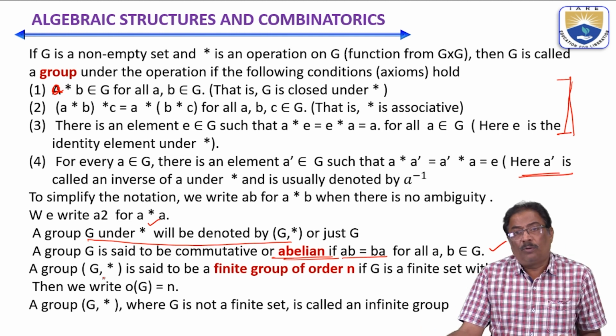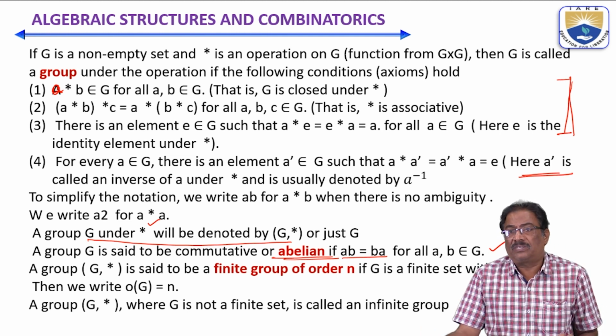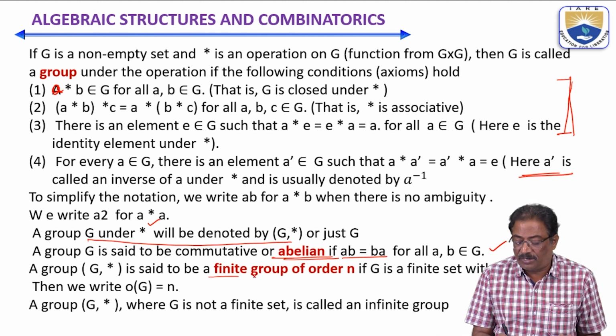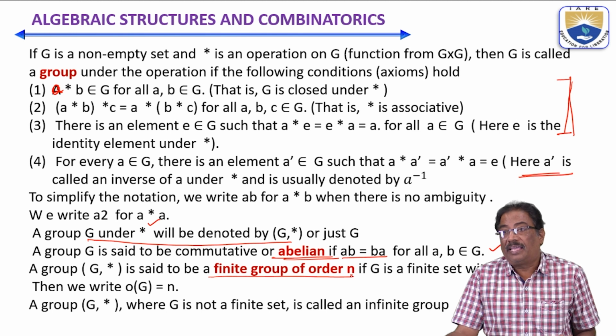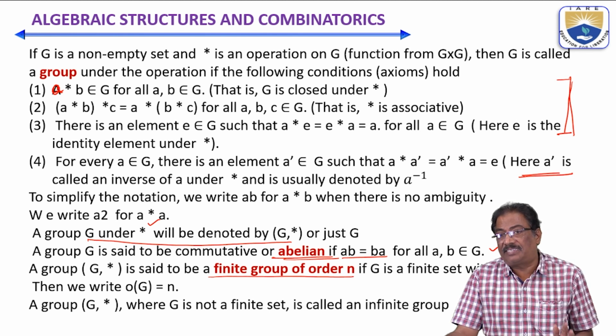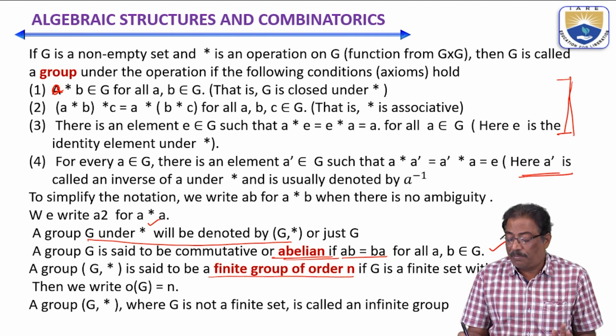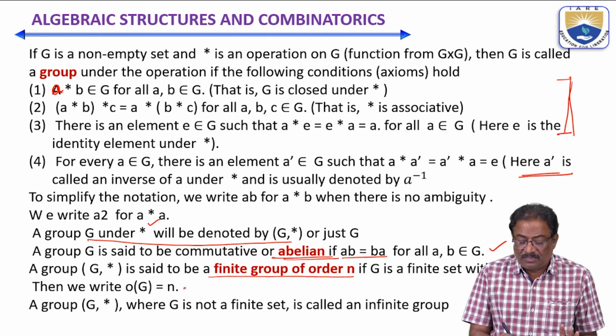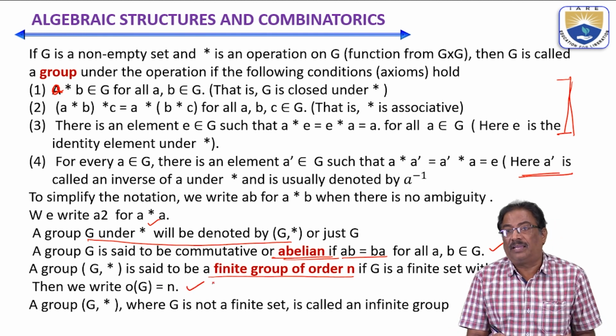Now, a group G comma star is said to be a finite group of order n if G is a finite set which has n elements. The cardinality of G is nothing but the number of elements in G. The number of elements in G is equal to n, so we can write the order of G is equal to n.